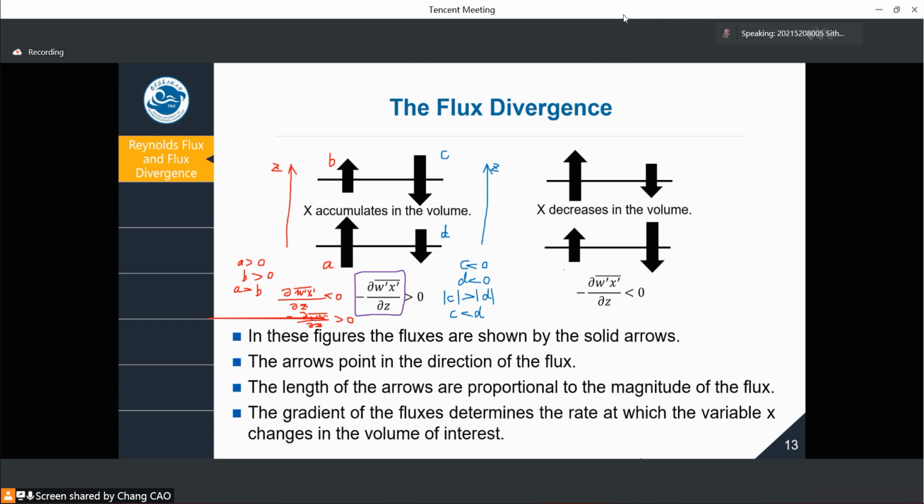The upward arrows are smaller than 0. You mean this one is smaller than 0, right? Maybe you can also use the mouse to explain.